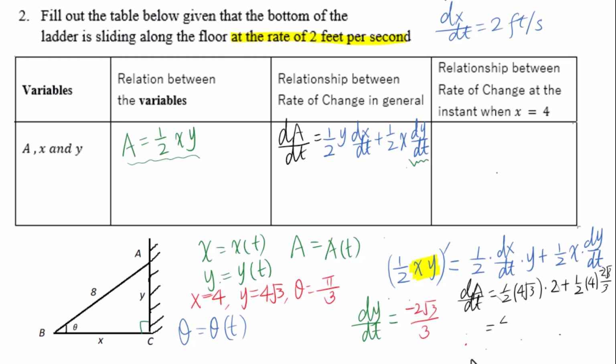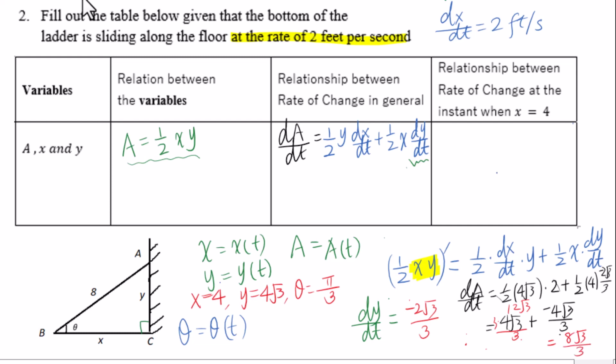Simplify. 4 square root of 3 plus negative 4 square root of 3 over 3. Make the same denominator, multiply by 3. So we get 12 square root of 3 minus 4 square root of 3. Final answer will be 8 square root of 3 over 3. We can write the answer dA by dt at x equals 4 equals 8 square root of 3 over 3.